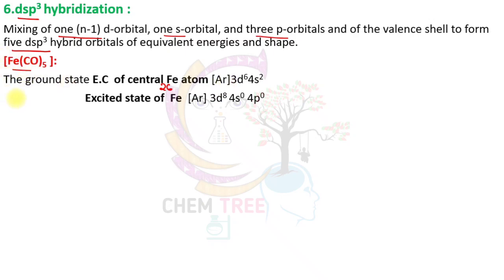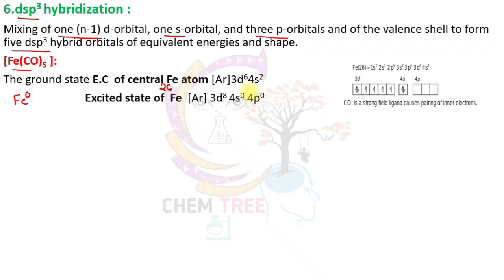In this complex, the oxidation state of iron is 0 because carbonyl is a neutral ligand but a strong field ligand. Because of the strong field ligand, the electrons in the 3d orbitals undergo pairing, and this pairing of electrons results in the formation of vacant 5 dsp3 hybrid orbitals.